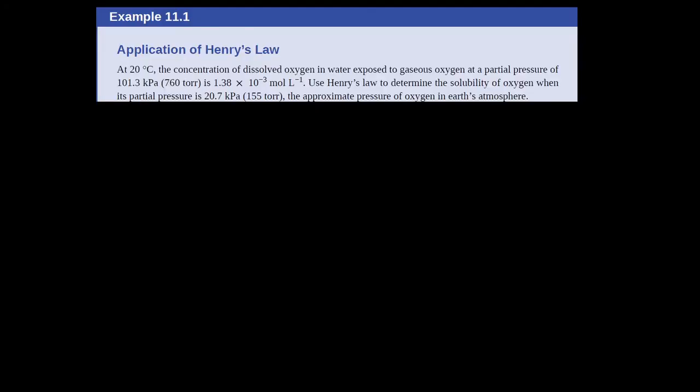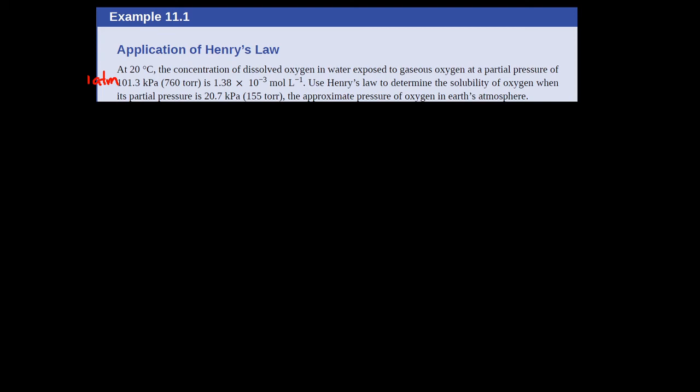So this is example 11.1 from your book. It says, at 20 degrees C, the concentration of dissolved oxygen in water exposed to gaseous oxygen at a partial pressure of 101.3 kilopascals, which is 760 torr, which, by the way, is also 1 atmosphere, is 1.38 times 10 to the -3 moles per liter.